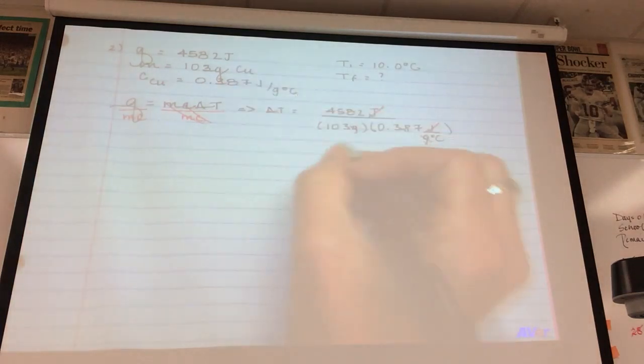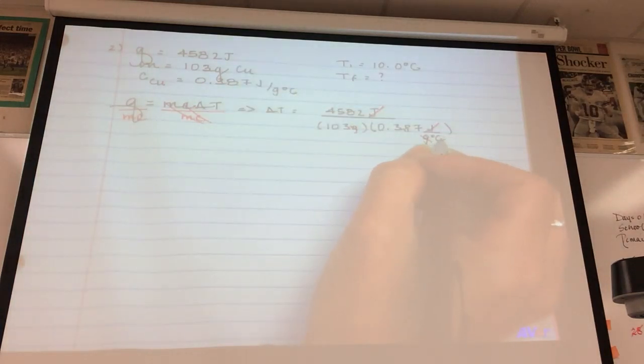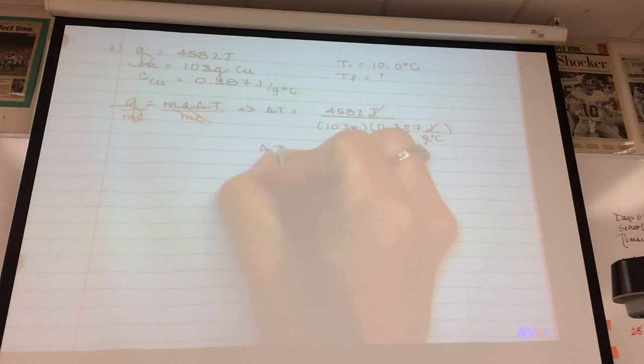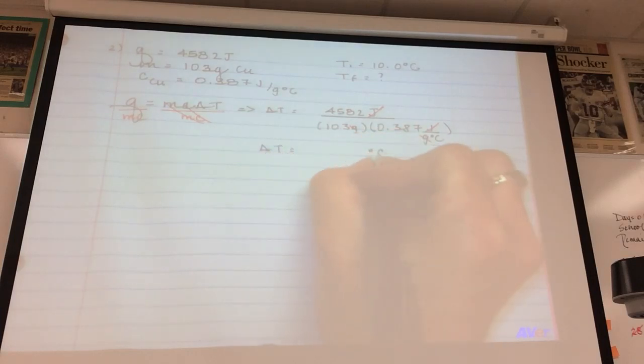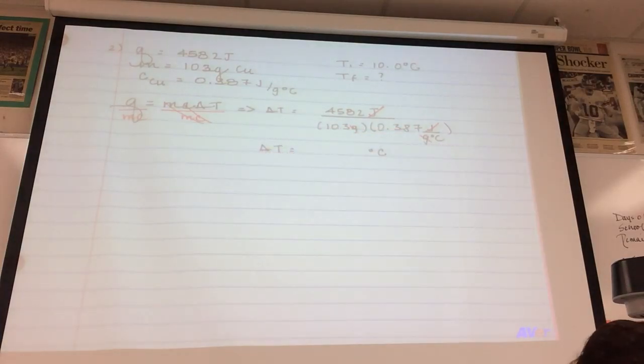I'm left with degrees Celsius in the denominator of a denominator, which flips it to the numerator for reasons we have already discussed this year.